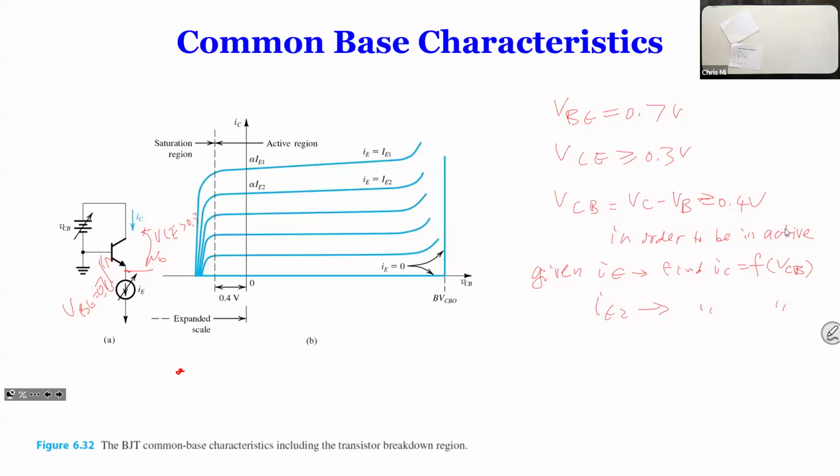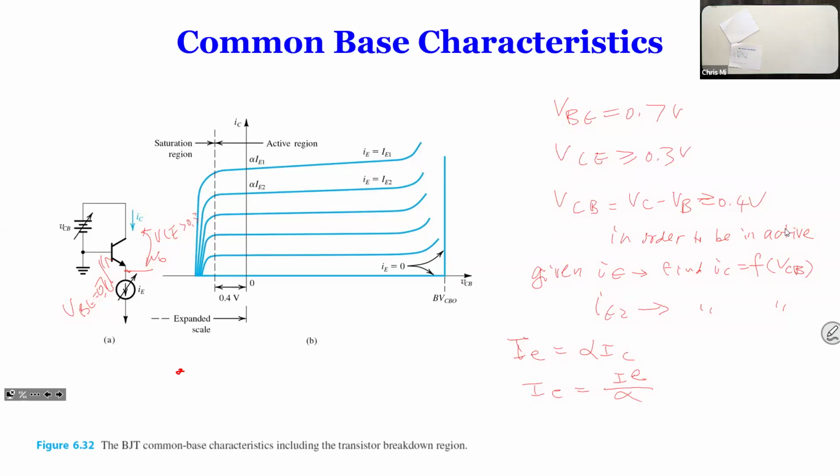Eventually, what we know is, if it's in active mode, IE is equal to alpha times IC, right? So IC equal to IE over alpha.